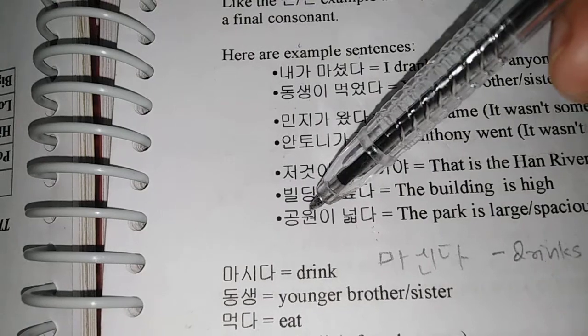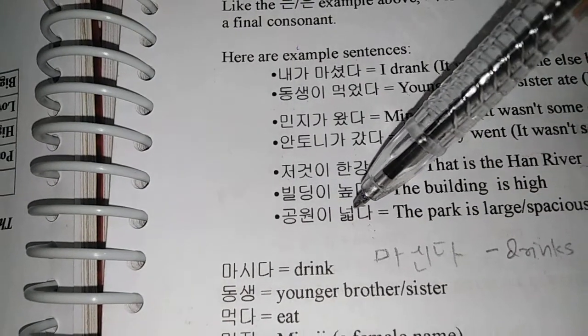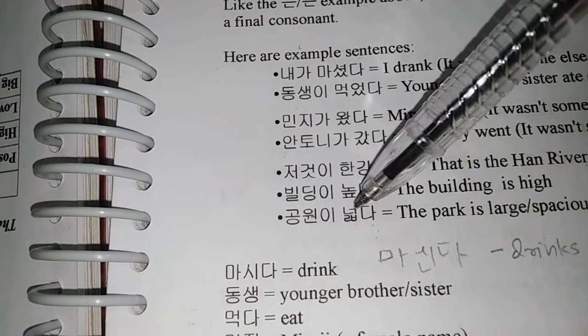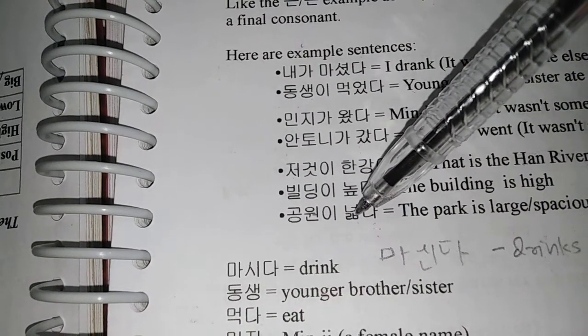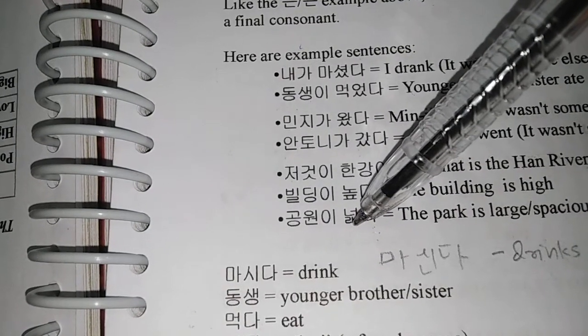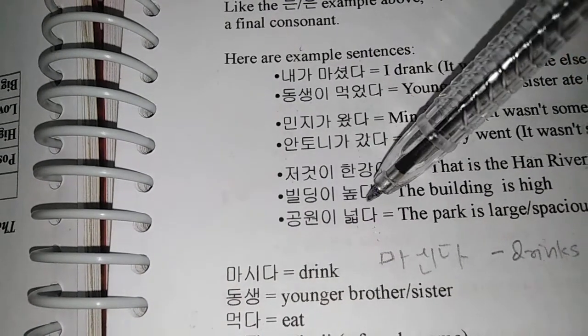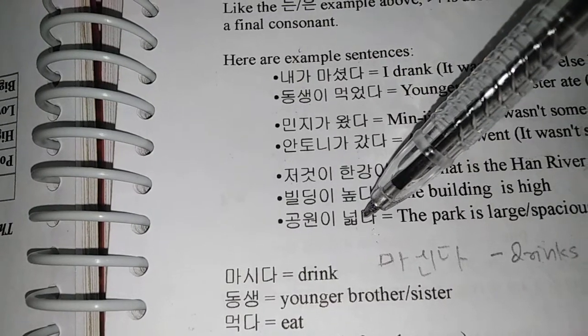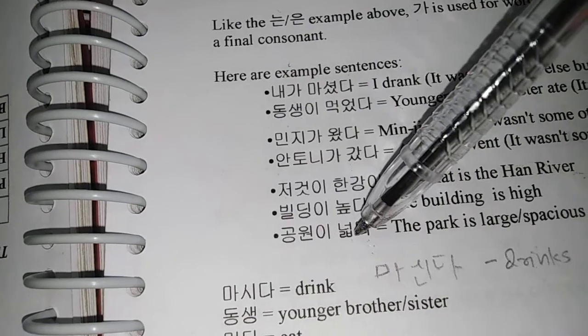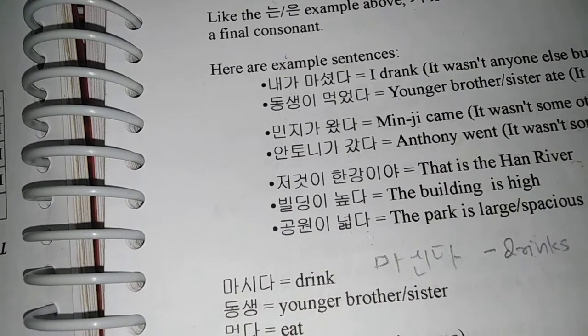The next one is 공원이 넓다. 공원, as I told earlier, would mean a park. 넓다 means large or spacious, that kind of a meaning. Anyways, it's huge, that's what I mean. So 공원이 넓다. So you're saying that the park is spacious. And 공원은 넓다.